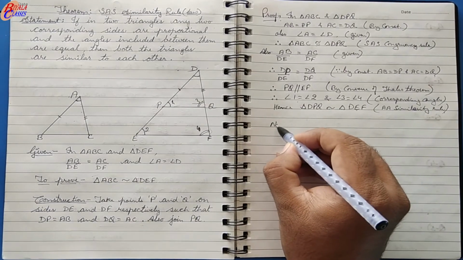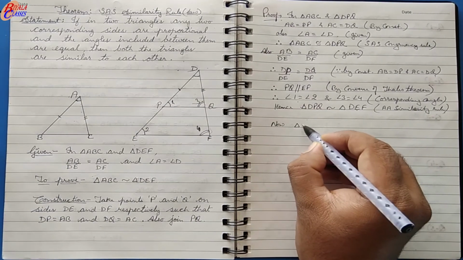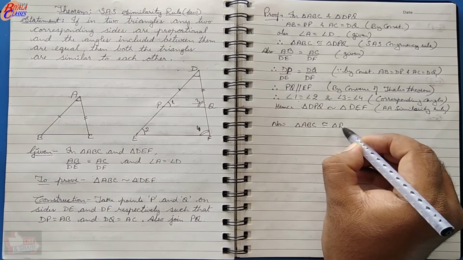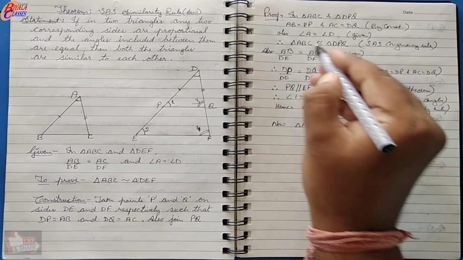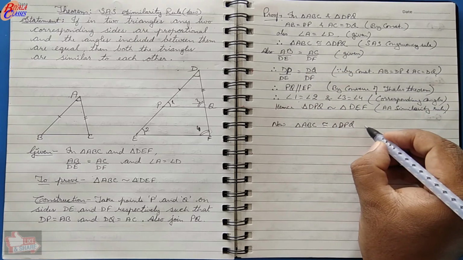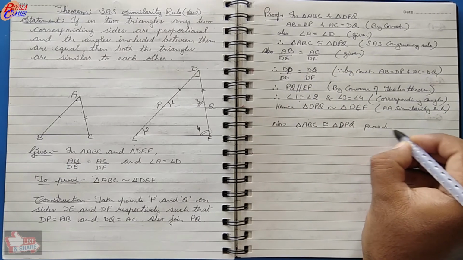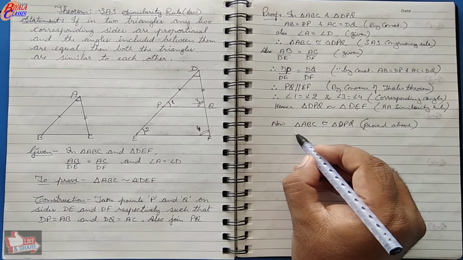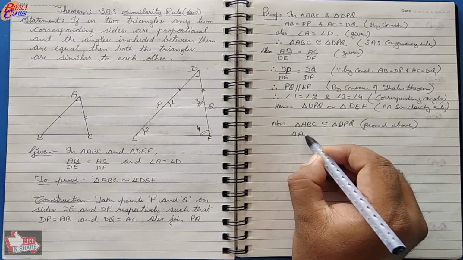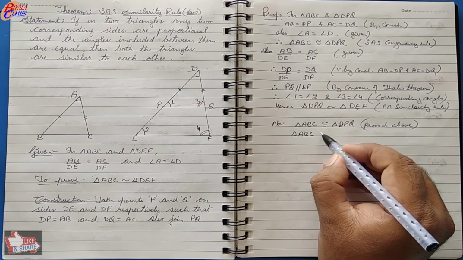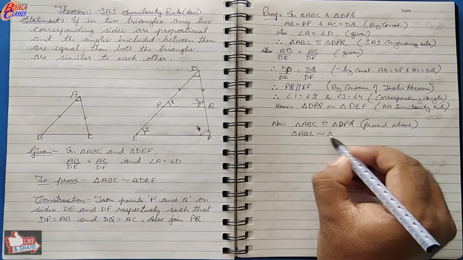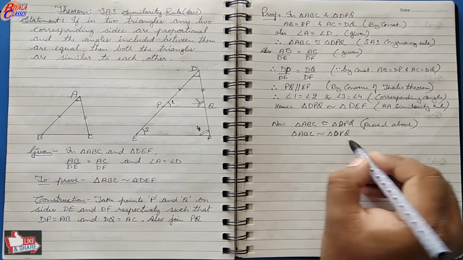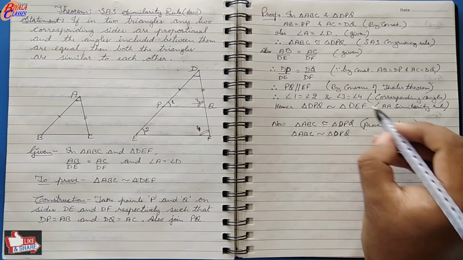Now triangle ABC is congruent to triangle DPQ. We have proved this. So if triangle ABC and triangle DPQ are congruent, then as I told you in the previous theorem, it means that they are similar to each other also. So triangle ABC and triangle DPQ are similar to each other.